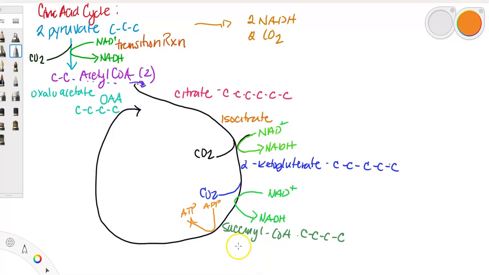This is just substrate phosphorylation. We're just taking a phosphate from this succinyl-CoA and sticking it on an ADP. All right, so once that occurs, we have our ATP, and the succinyl-CoA then becomes succinate.